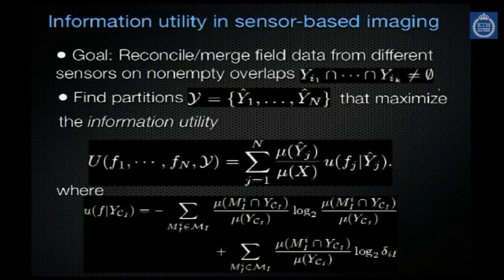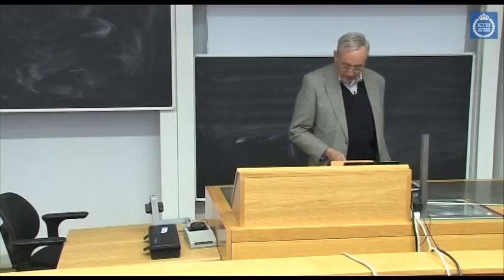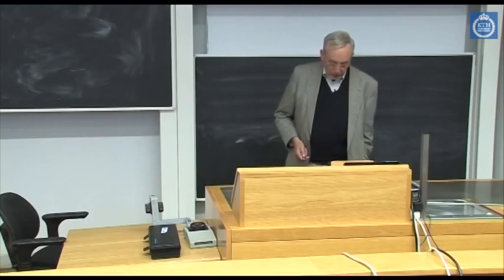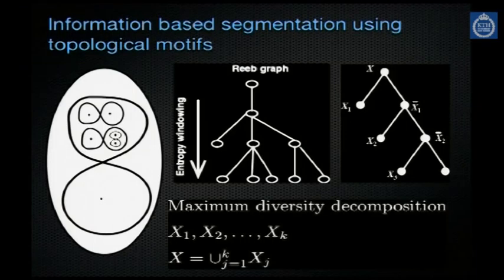I'm going to define a utility function here that is related to the topology-induced partition of that particular sensor that I mentioned before as being a critical bounding element of the data-induced partitions.